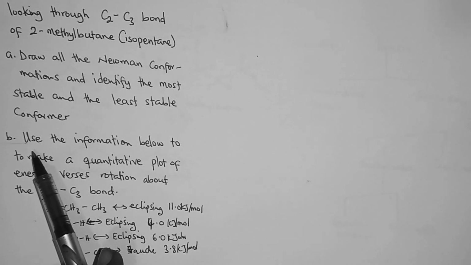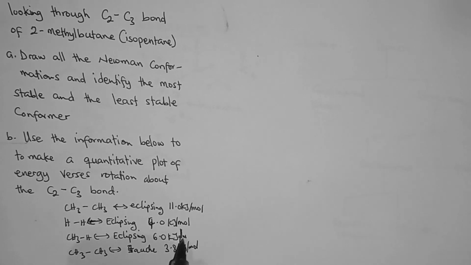Then the B part says, use the information below to make a quantitative plot of energy versus angle of rotation through the C2-C3 bond. Then the information is CH3 eclipsing, it is 11.0 kilojoules per mole.